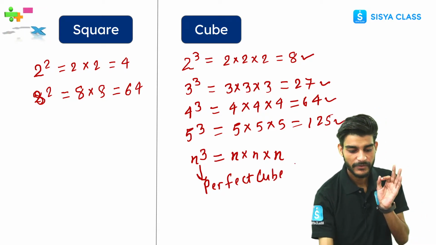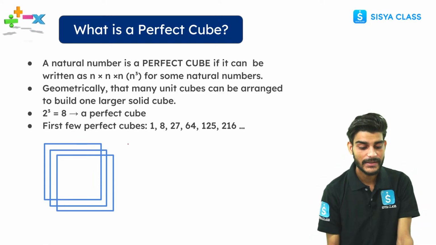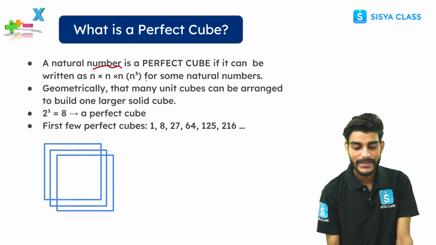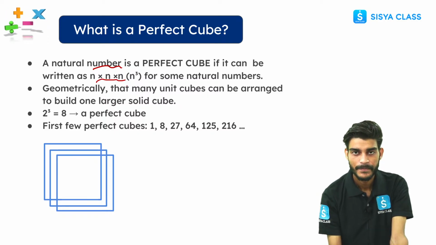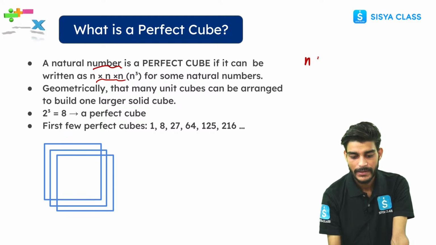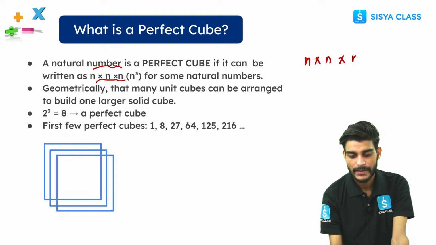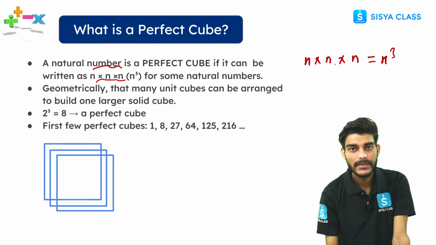This is a perfect cube. So the next topic is what is a perfect cube. A perfect cube is a natural number, and it is a perfect cube if it can be expressed as n cross n cross n, that is n cube, for some natural number n.